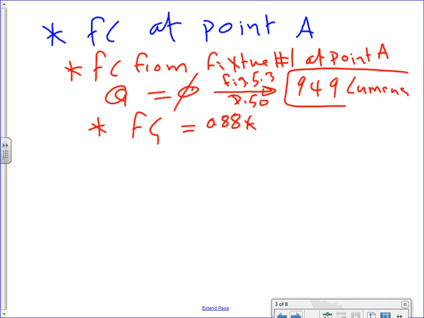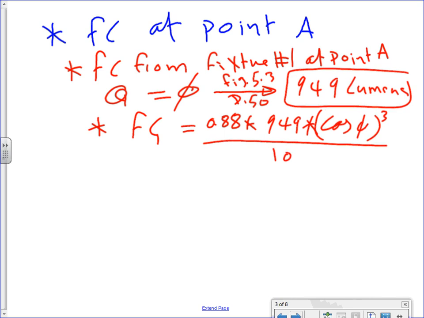You really don't need to even do that. So then you plug in 949, multiply it by cosine of 0 to the power 3 divided by 10 to the power 2. And gentlemen, when you do that, you're going to end up with 8.35.